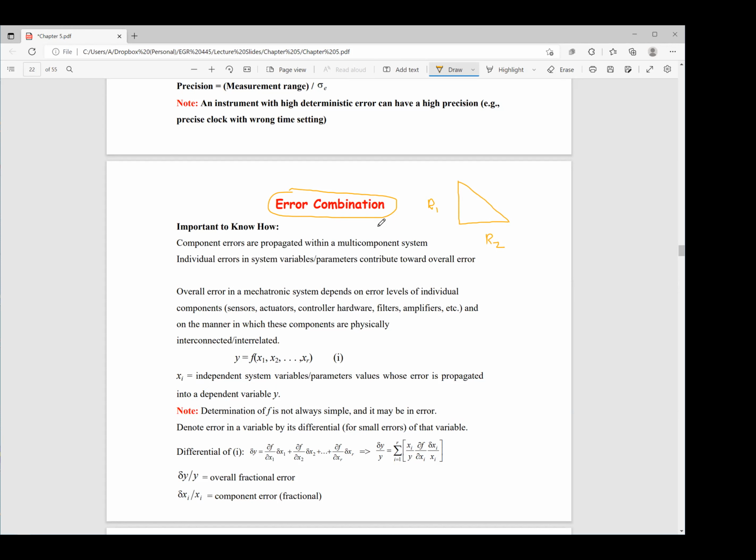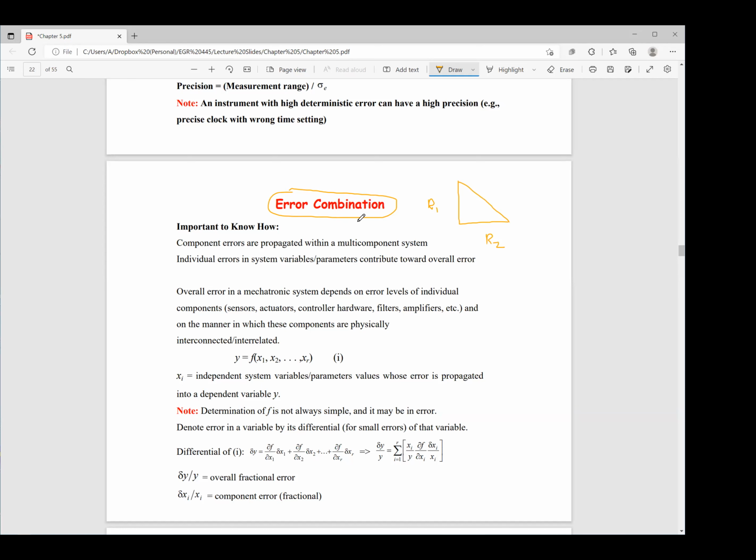This assumes the errors are independent or uncorrelated, in the statistical sense. One error does not affect the other error. Then you can use the Pythagorean theorem to find the total error.